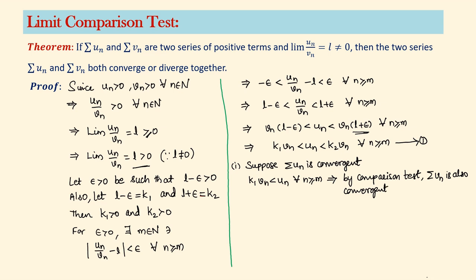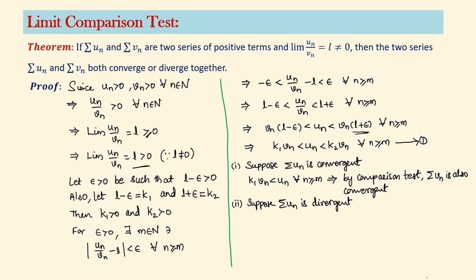So we have to show all the 4 cases like this, the rest of the 3 cases. So what is the second case? Suppose summation Un is divergent. Divergent means Vn will be divergent. If we consider these two, Un is divergent and Vn is greater than Un, so Vn is also divergent.